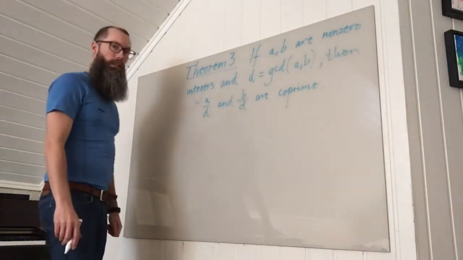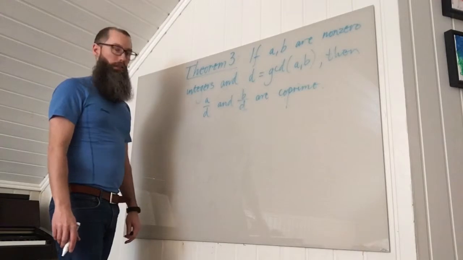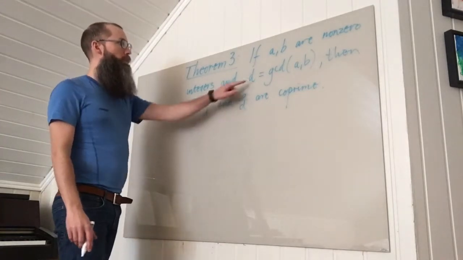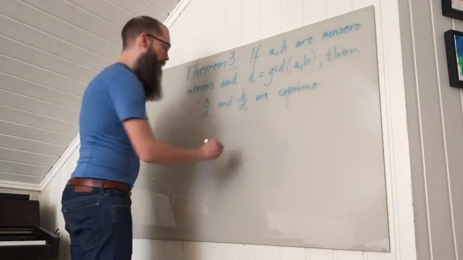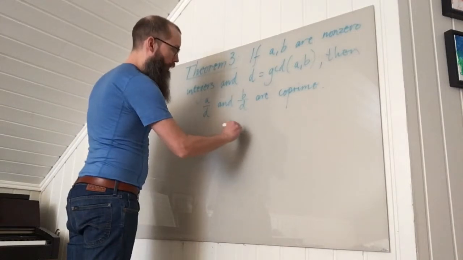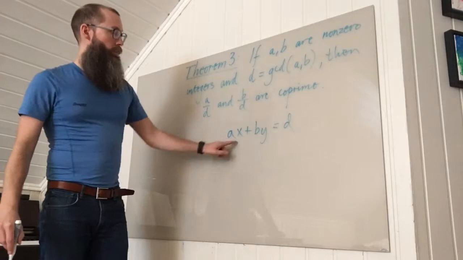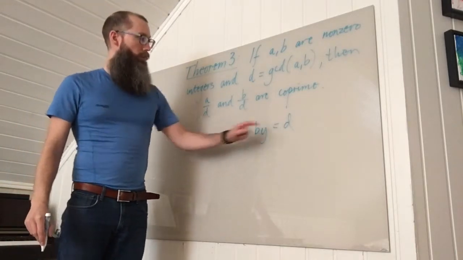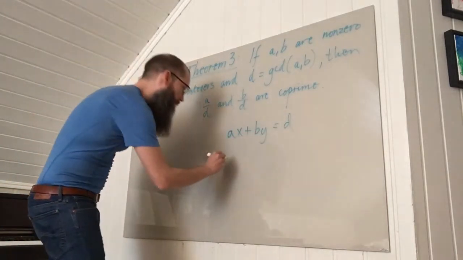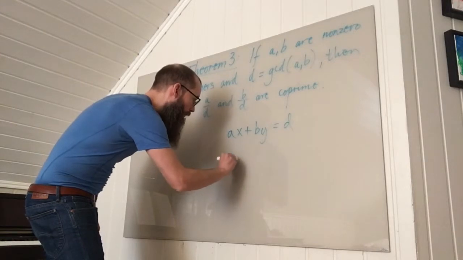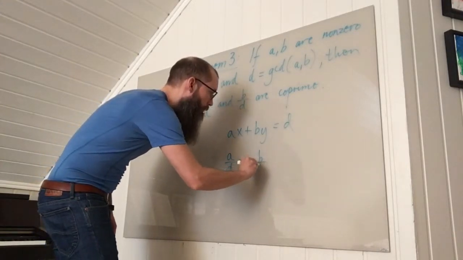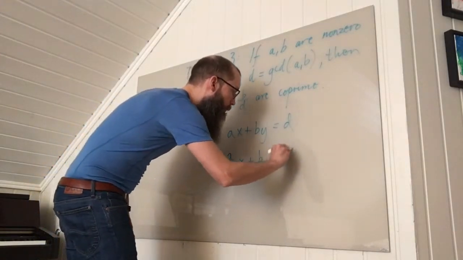Well, by the extended Euclidean algorithm, we can write d as a linear combination of a and b. So there is an equation ax plus by equals d, where x and y are integers. Dividing through by d gives me a divided by d times x plus b divided by d times y equals 1.